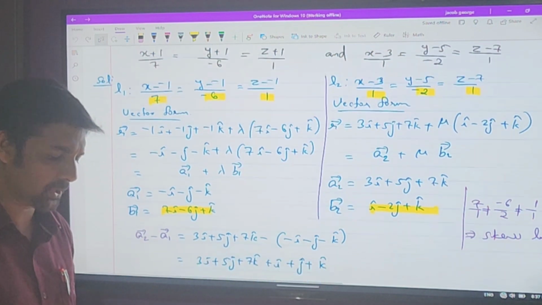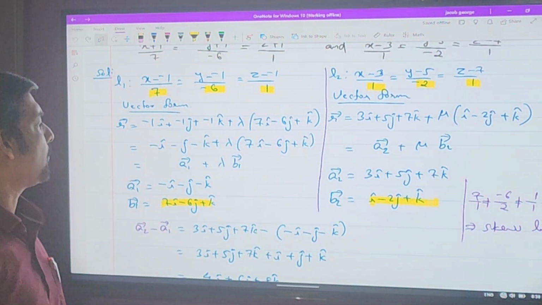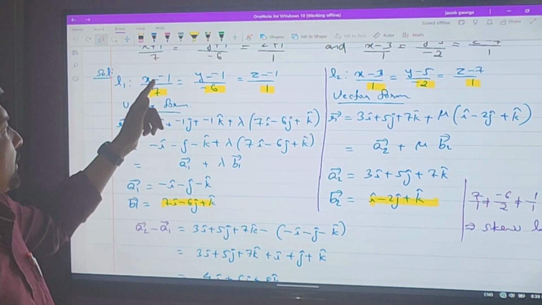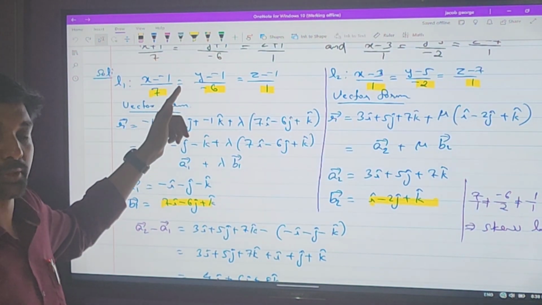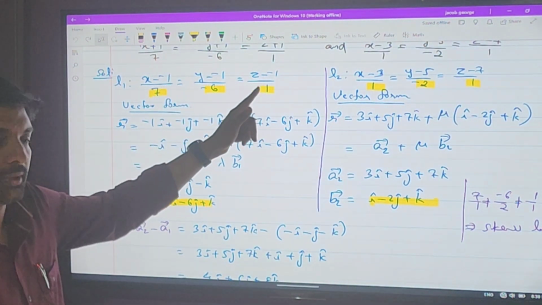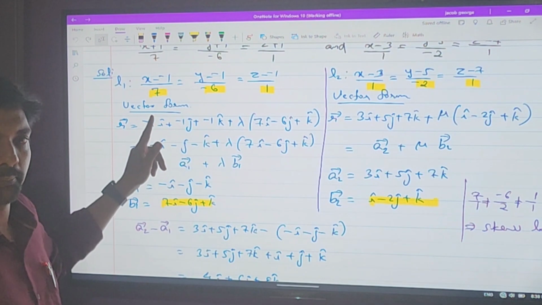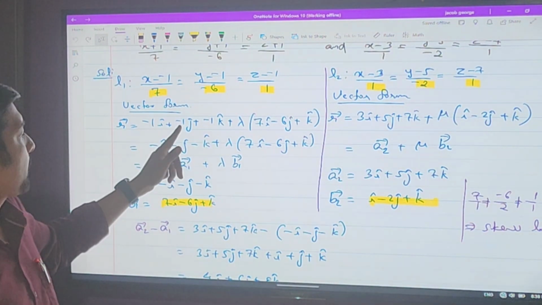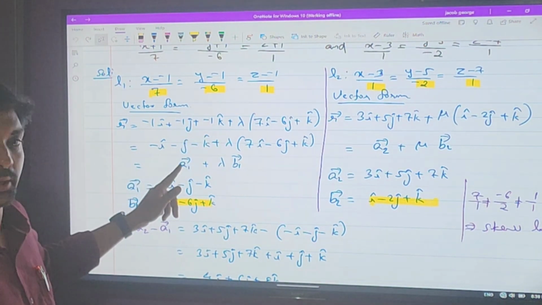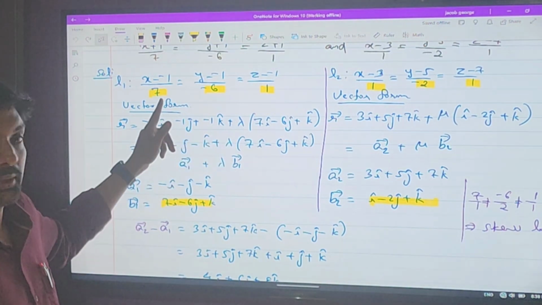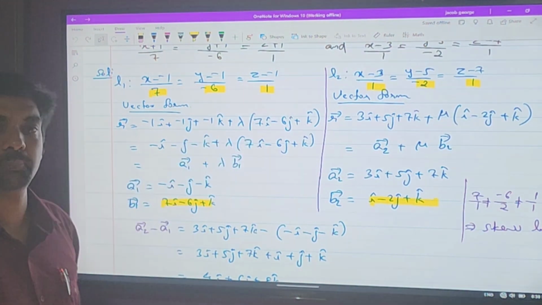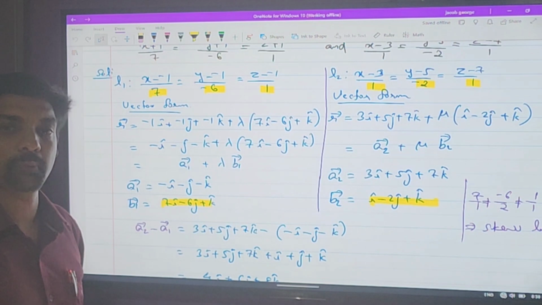For that, you will convert the Cartesian form to vector form like this. Vector r is equal to, take out the points from the numerator of the Cartesian form, that is minus 1, minus 1, minus 1, and you will put it in this form: minus 1 I cap plus minus 1 j cap plus minus 1 k cap, that is our vector a1, plus lambda into the denominators 7, minus 6, 1: 7 I cap minus 6 j cap plus k cap.